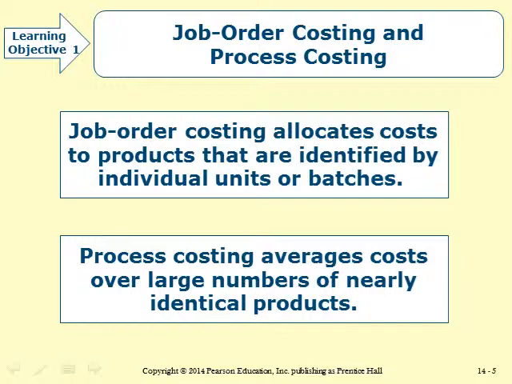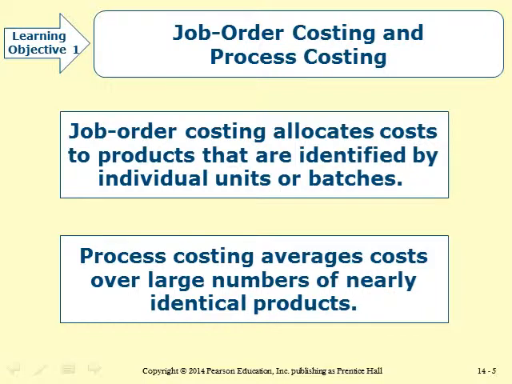And so, at the heart of this, the core difference between the two is that under job order costing, we're able to identify job A, job B, job C. And there are characteristics that differentiate job A from job B from job C. And there are generally substantial differences in the materials or the processes or the services that characterize each of those individual jobs, versus process costing, where it's very difficult to distinguish between different units of output.